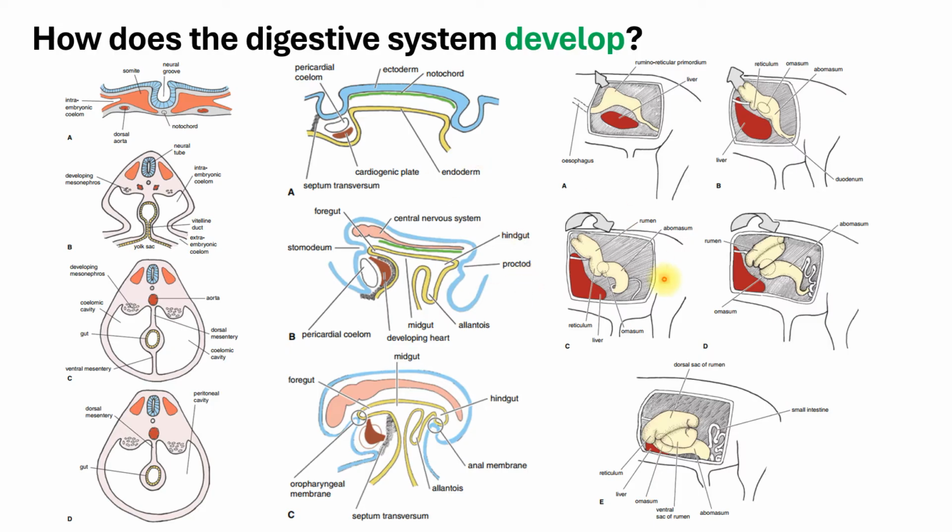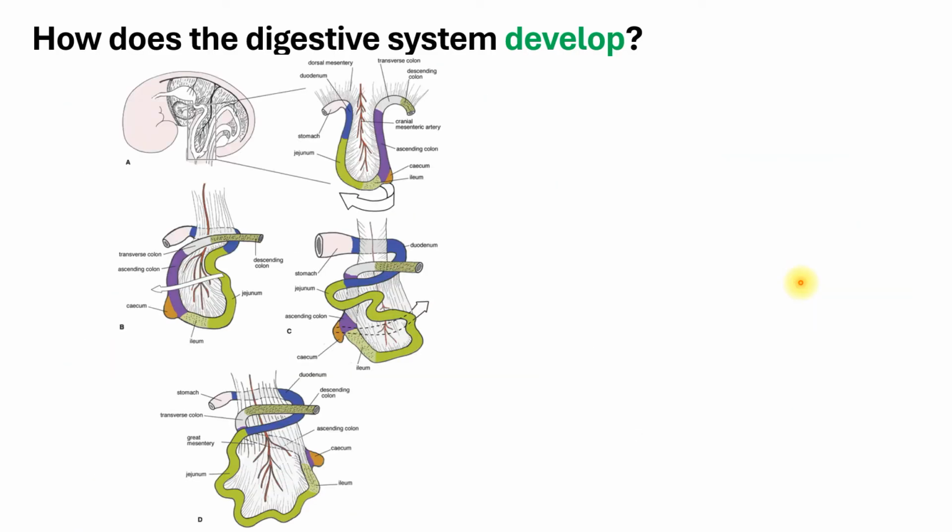For example, in the ruminant, there will be more formations of outpocketings of the stomach as well as twistings. Again, ruminants are ruminants because they have the rumen, which actually is an enlarged non-glandular compartment of the stomach or the glandular stomach. Okay. And then development also deals with the twisting of the intestines.